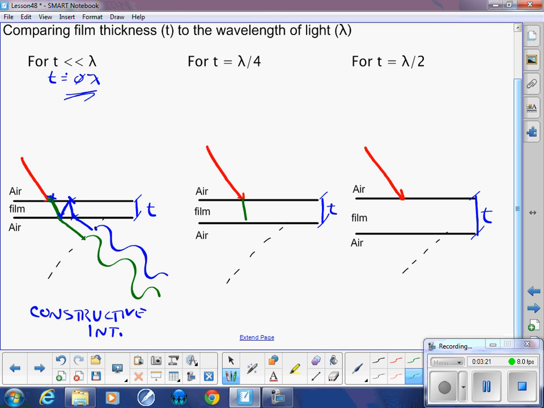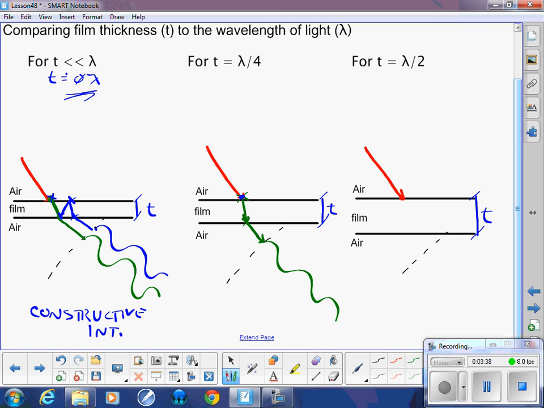So here's our transmitted. This one was a crest there, exits as a crest, so it's still a crest. And I'm arbitrarily talking about it entering as a crest or striking as a crest, it's just an easier reference for us.